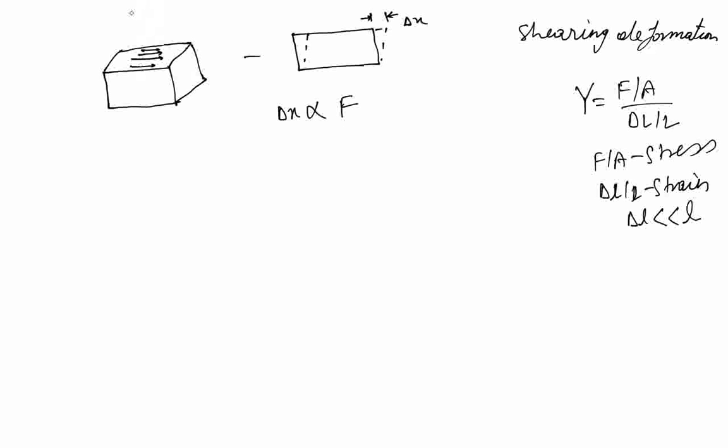Also, if you apply the force on a bigger area, then delta X will go down, which means this one will have a greater shearing deformation than this one with the same force F, because this has a smaller area and this has a bigger area. So that holds true also.